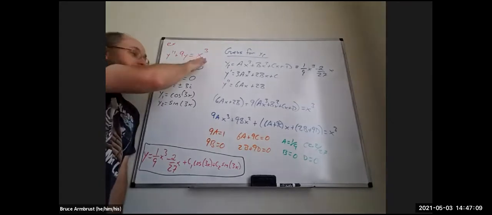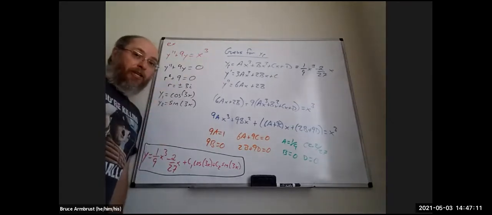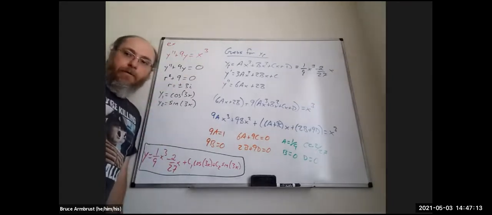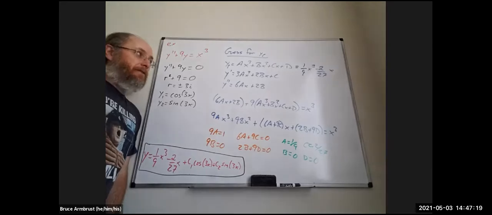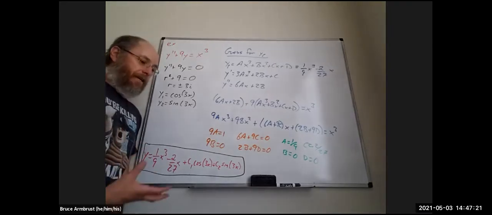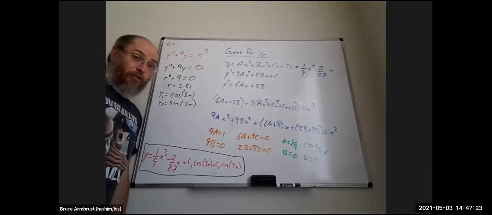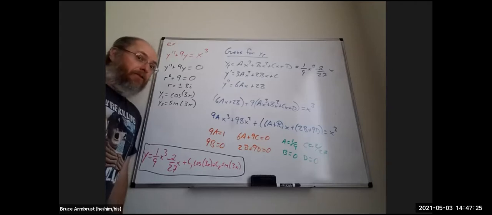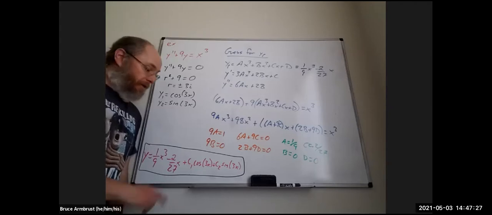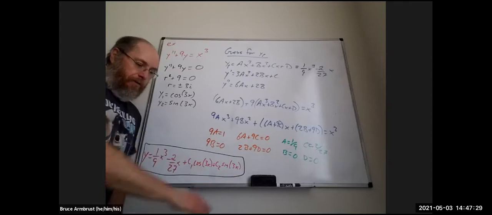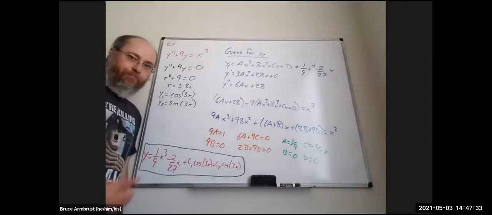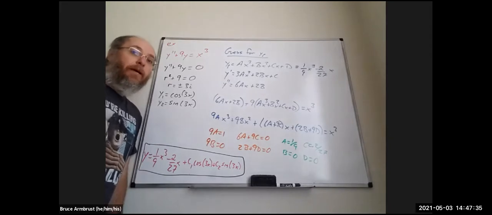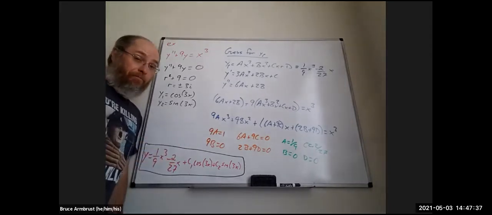Look at what this is and go, what kind of function might work for that? It's not always. We're going to see that there are other techniques as well. But it's going to really come down to finding any solution. Because as soon as you find one solution, you can add that to the general linear combination of the homogeneous, and you got it. But that's what we're going to do next time.